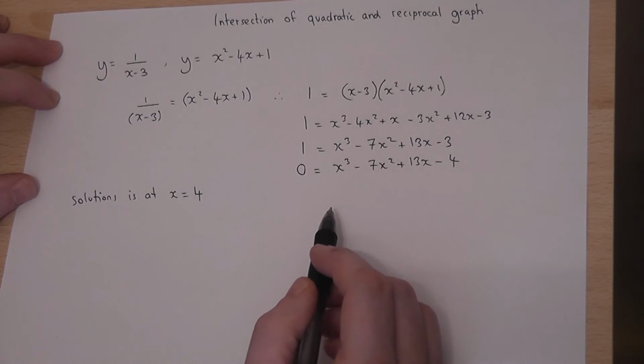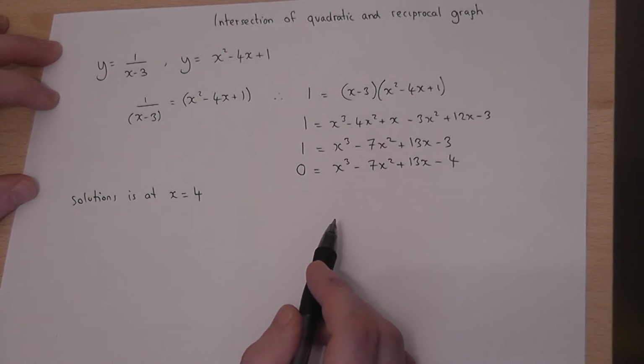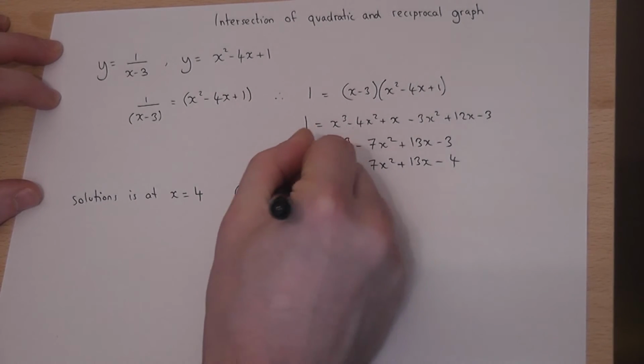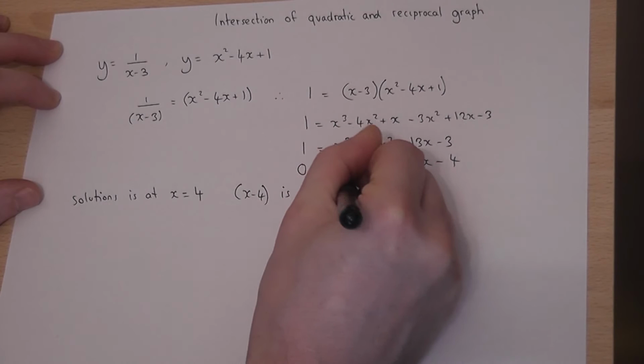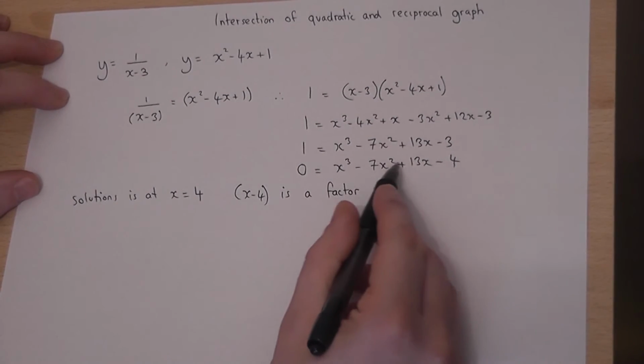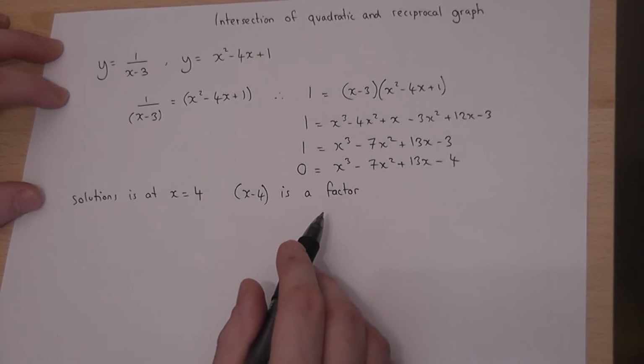Now if we know that x equals 4 is a root, then therefore we know that x minus 4 is a factor. So to find the other factors and hence the roots, I divide this expression by x minus 4.